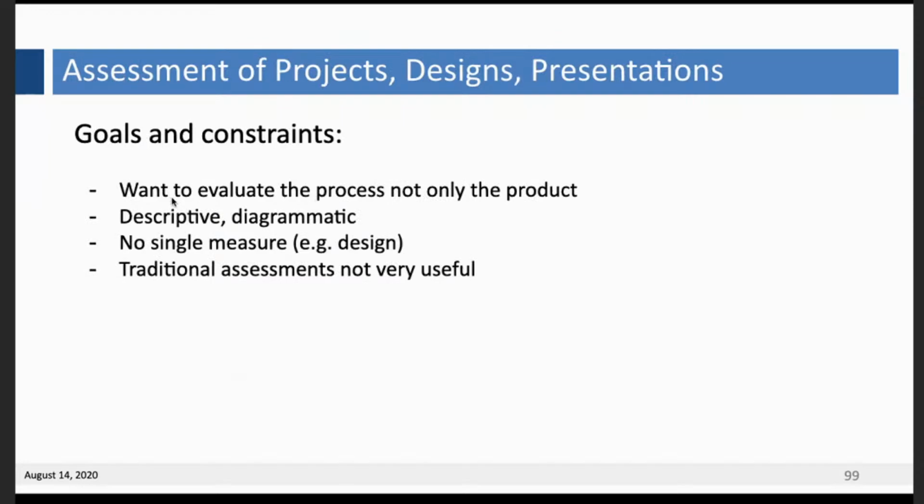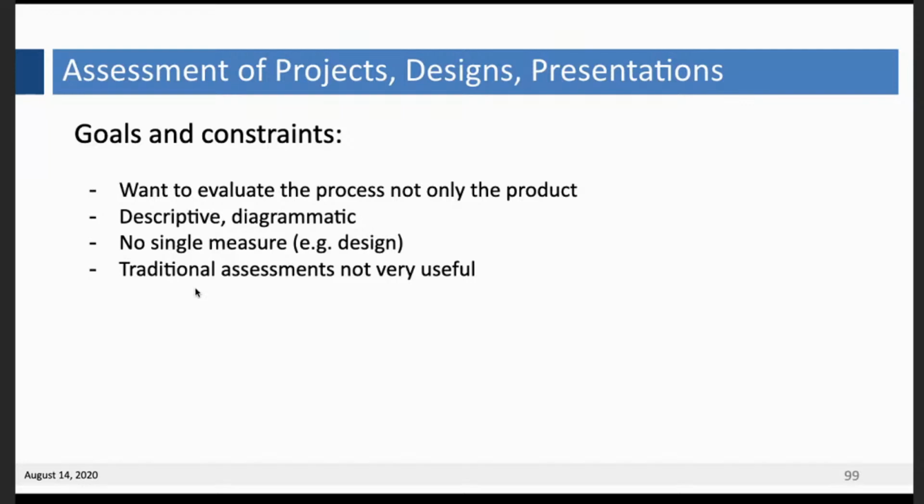You can have it descriptive or diagrammatic. Definitely there is no single measure. If you have 3 different websites designed, or 3 different circuits, or 3 different vehicle designs, or these kinds of product designs, then you will not have a single measure for that, right? So here, traditional assessment is not very useful. I assume that you are all aware of this.